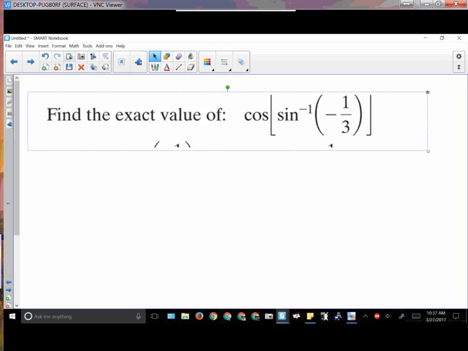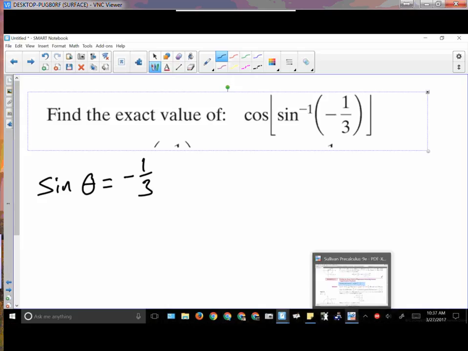Now, I've got that negative in there. That negative is going to cause us a wee bit of a problem, isn't it? Let's go back and think about what it is that we've got. That means the sine of some theta has to be equal to negative 1/3.